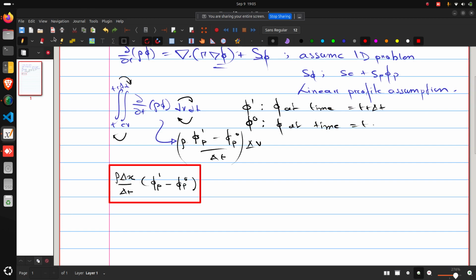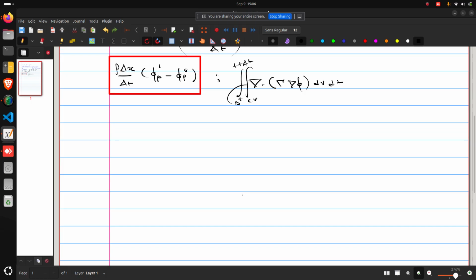Okay, if you remember, this is nothing but del dot gamma grad phi, to which we apply the integration over time and space. Let's take the time integral outside, and the integral over the control volume dV dt.